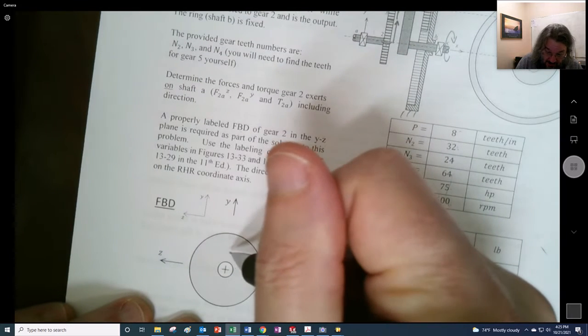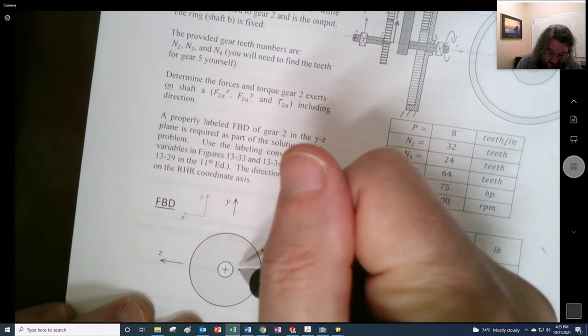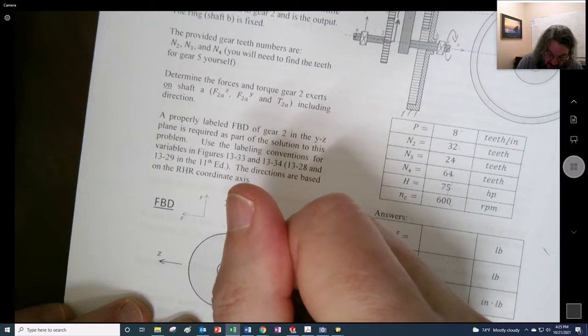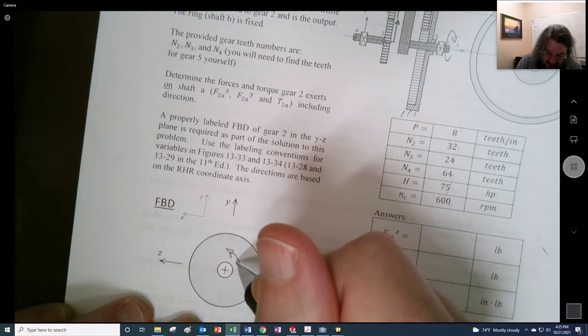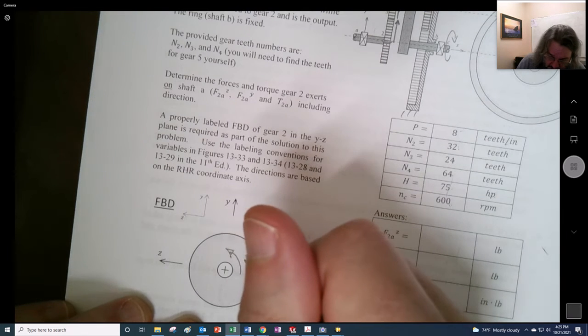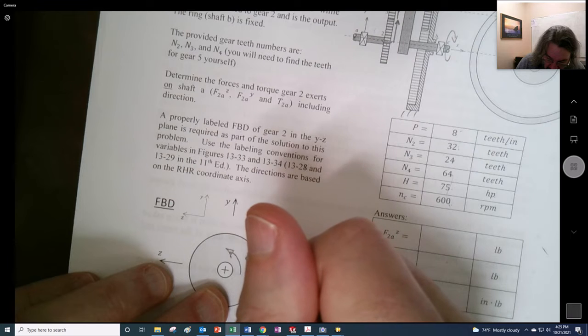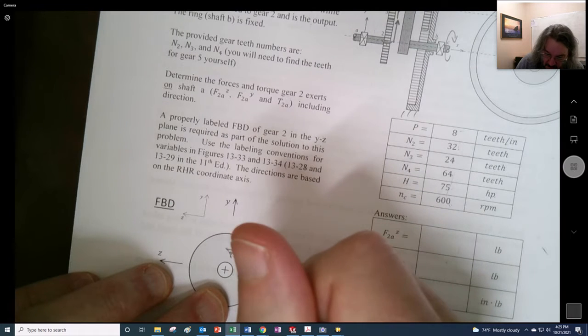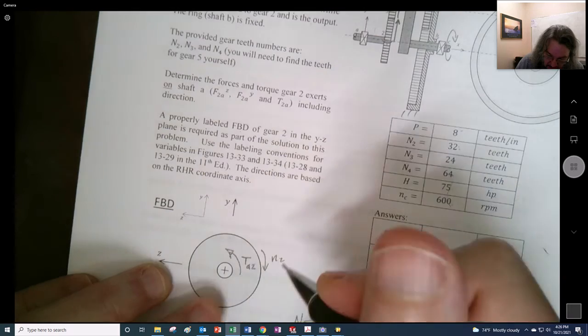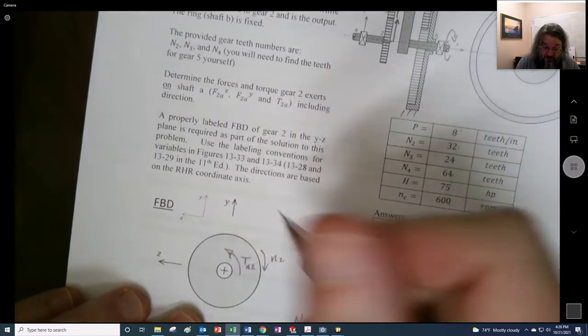So the torque is actually going to be in the opposite direction. That's going to be the torque of shaft A onto 2, right? Because this is gear 2 that we're seeing right here.